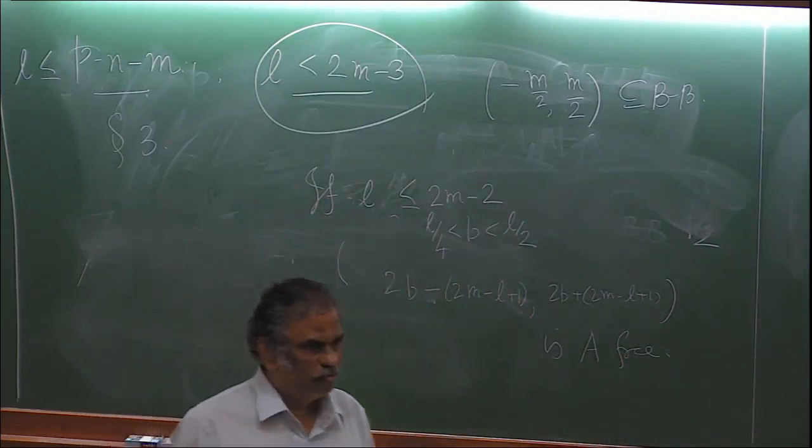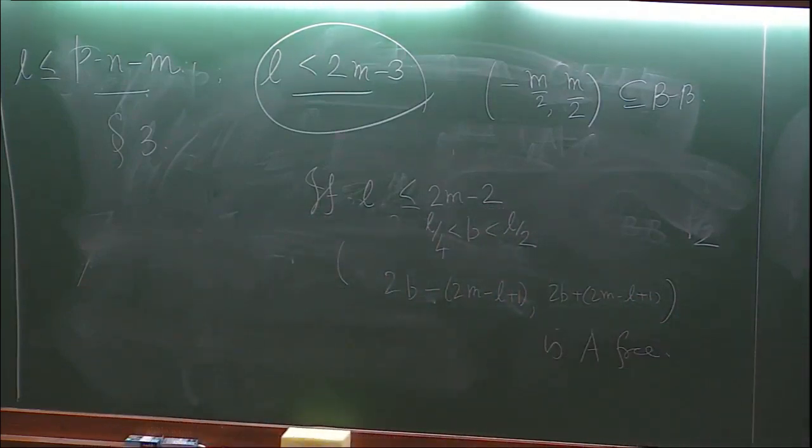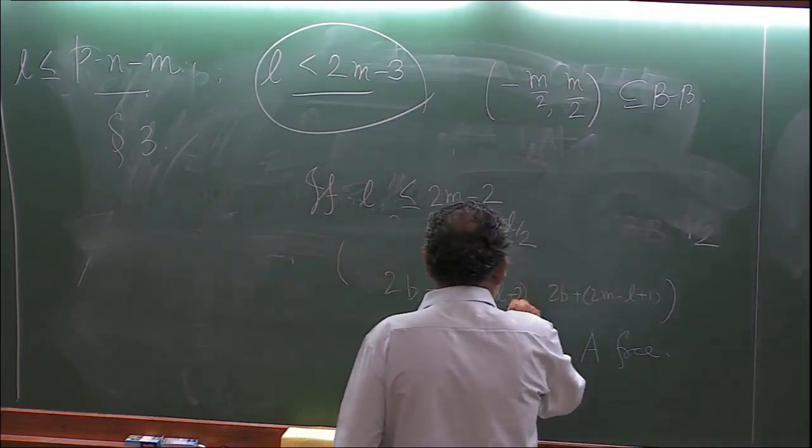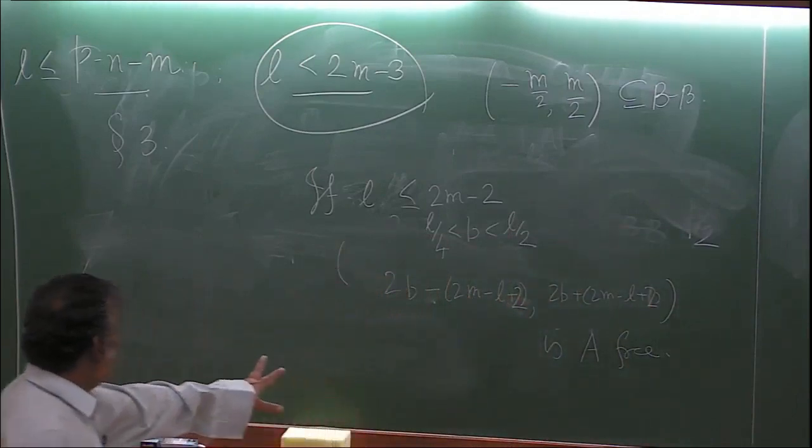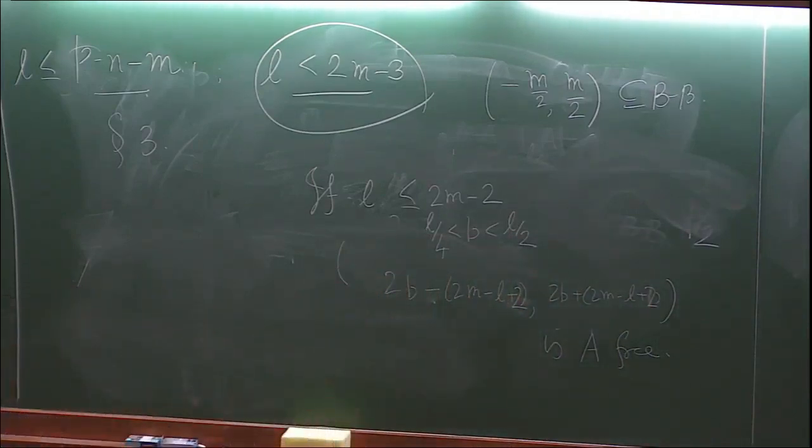That's the exclusion zone which we just proved. Let's see whether I wrote it correctly. 2m minus L plus 1, correct. L plus 2, I don't think, as Professor Desway said, that the O of 1 should make much difference. And that is the situation which I am now going to apply.